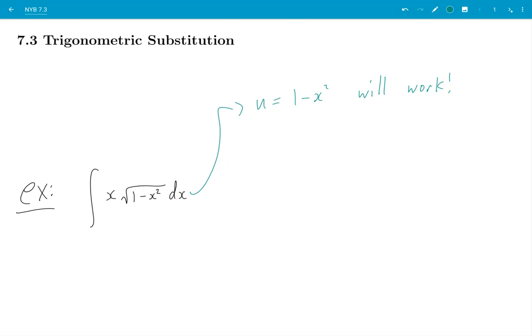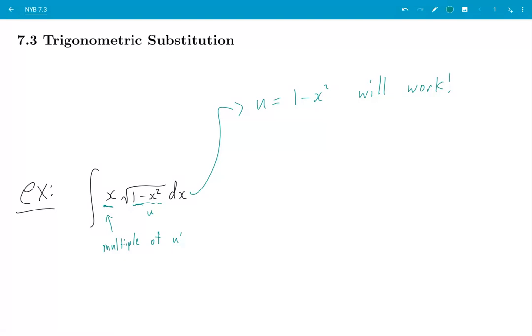Well, if you see an inside function, say u, and outside you see a multiple of u prime, which I do. u prime is minus 2x, and in front I have x.